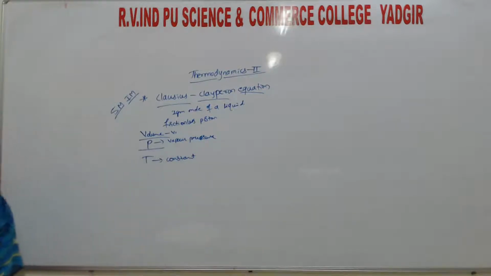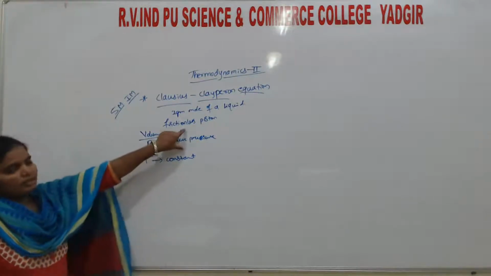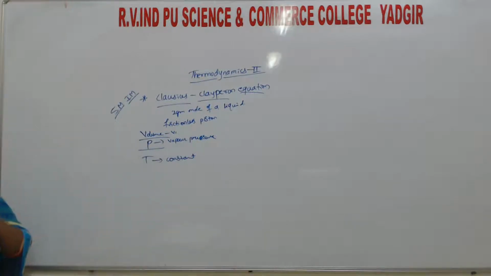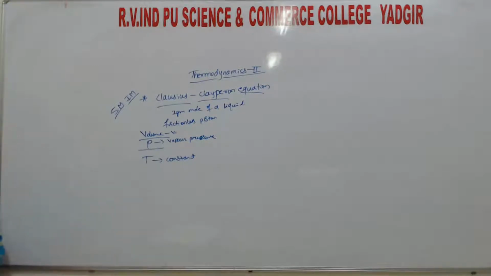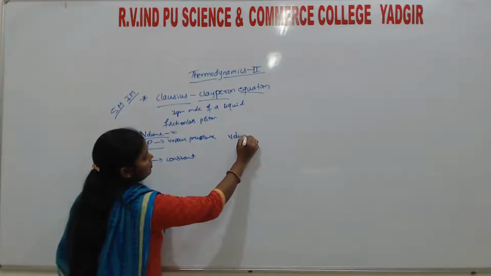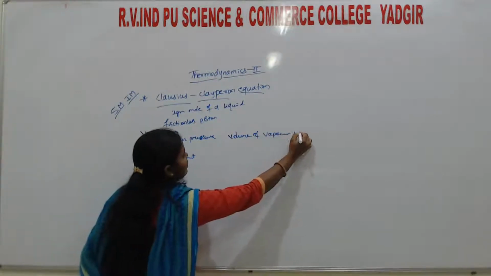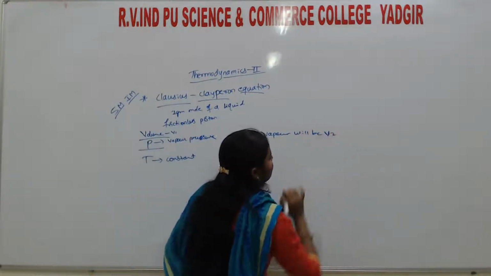When the whole liquid has evaporated, the volume of the vapor will be V2.